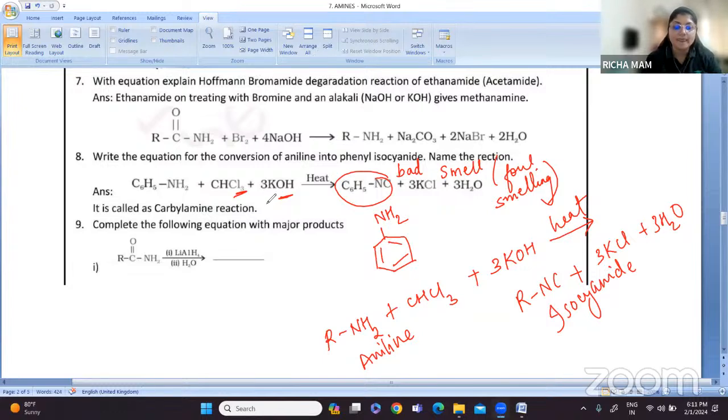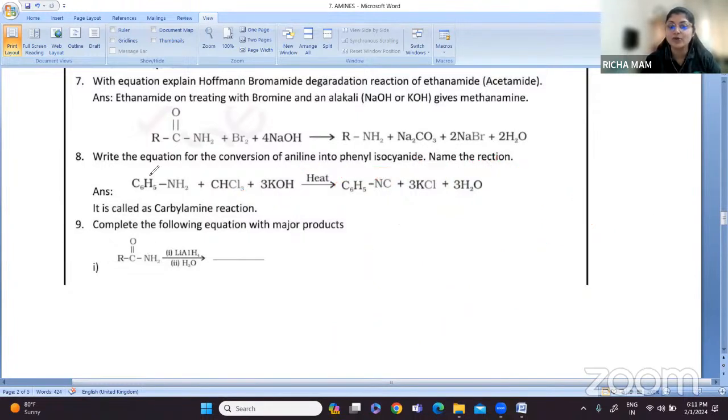Same way, if they ask you to explain the conversion of aniline into phenyl isocyanide and name the reaction, you have to write the reaction and the name reaction. When aniline is converted into isocyanide, this is a carbylamine reaction.